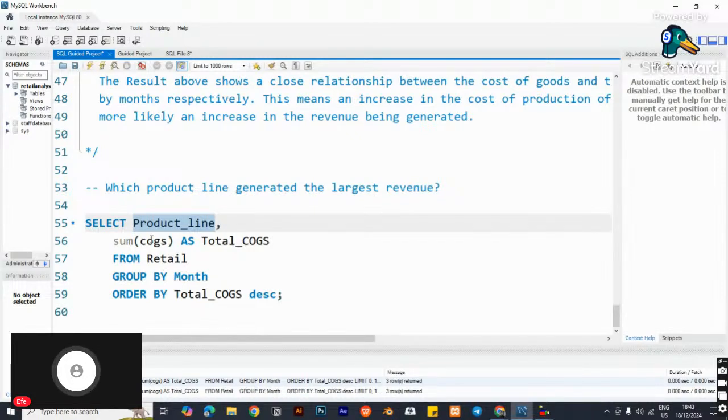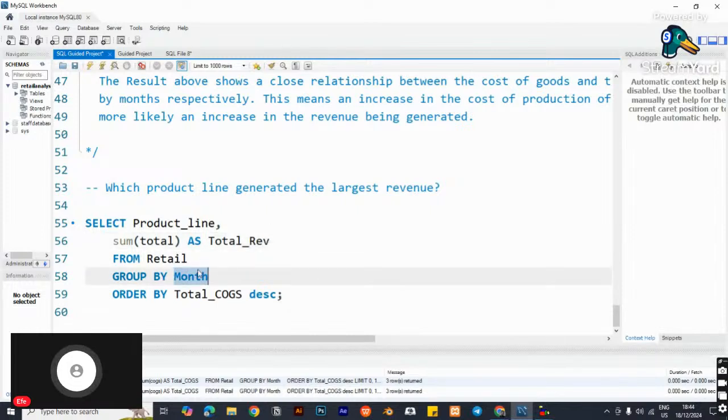Okay, so we say sum, which changes to total. So we're calculating the total revenue. Let me just put it as rev. So as total revenue from retail group by.